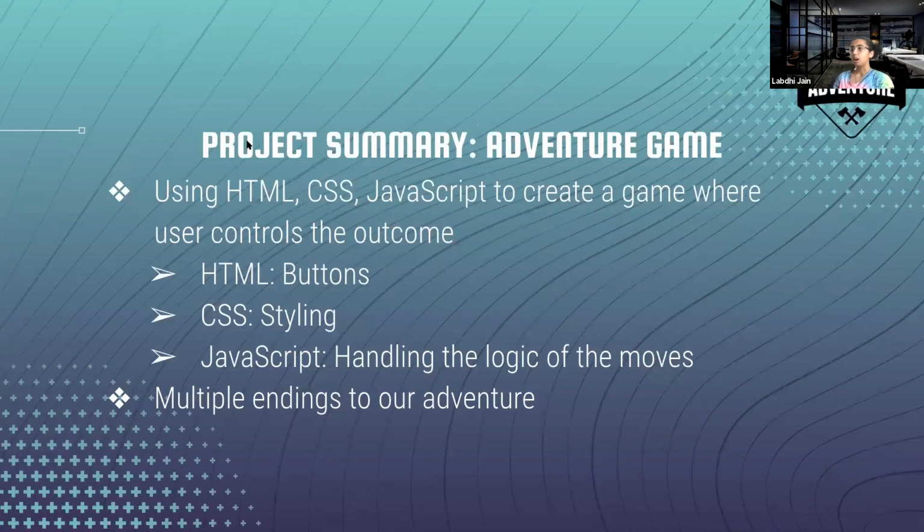Okay. So let's go back to our adventure game that we started about 5 weeks ago. Just to recap, for those of you who are joining just this week, or those who missed a couple of weeks in between, or for those who saw me last week and just want a refresher: here is our adventure game. We use HTML, CSS, and JavaScript to create the game.